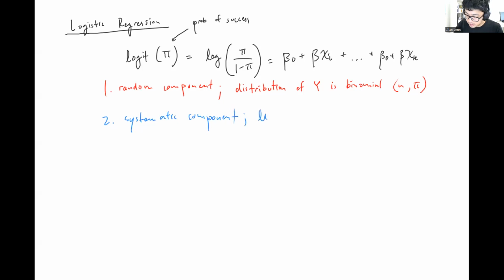So this is linear in parameters, right? We can see that here. It's all linear. And lastly, our link function is a logit link, right? We have something like ln.